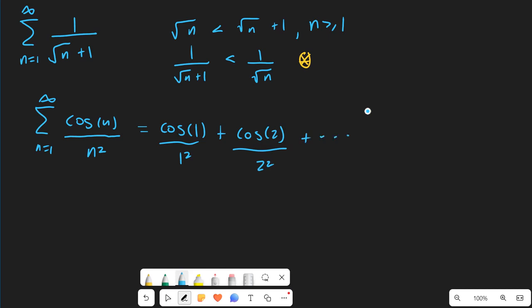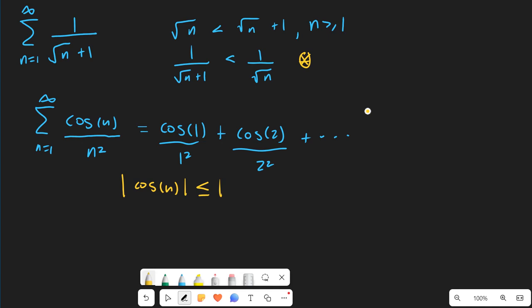For this one, you could just say, well, I know that the absolute value of cosine of n is always less than or equal to 1. So if I have the absolute value of this, it's less than or equal to 1.